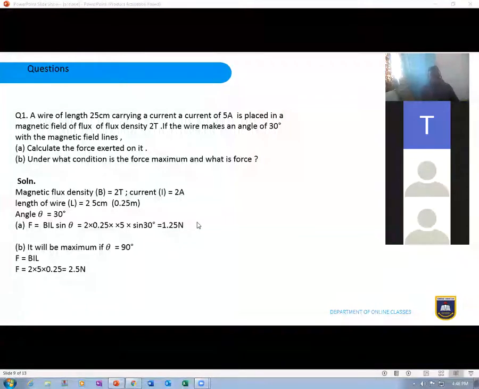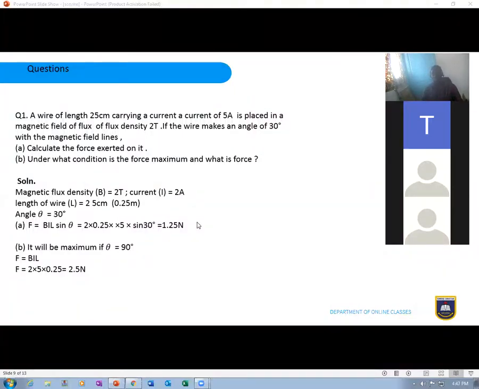So it will be maximum if theta is 90. If theta is 90 degrees, your F will be at its maximum point. They say what is the force at that point. So if theta is 90, that means sine 90 is 1.